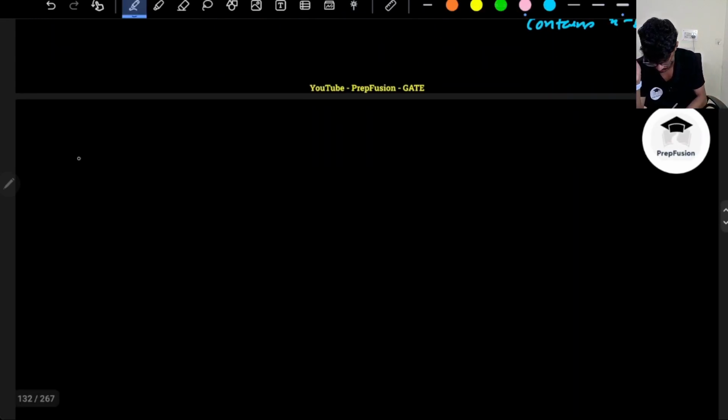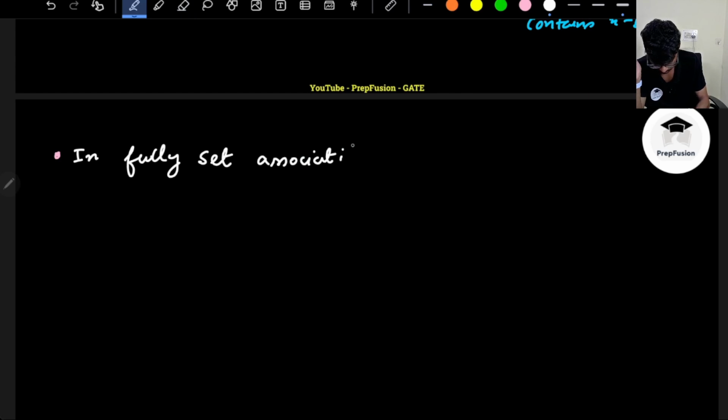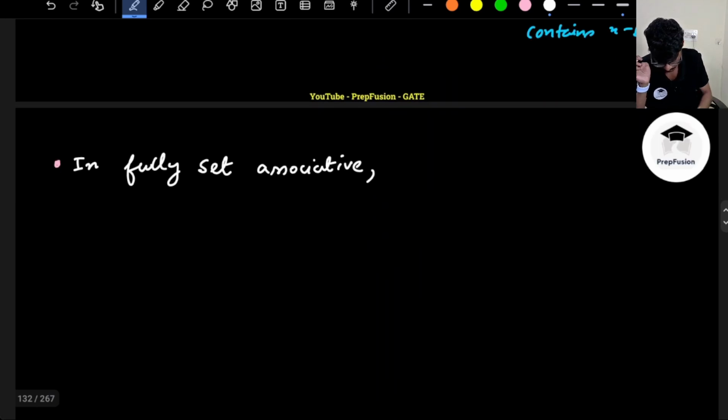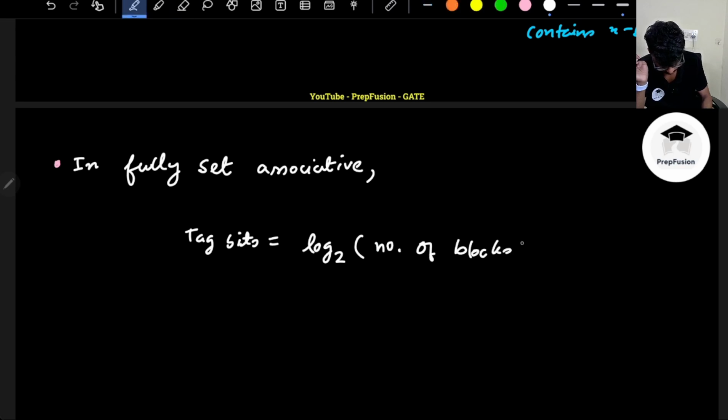So the conclusion is, in fully associative, the tag bits will be the log of the number of blocks in main memory.